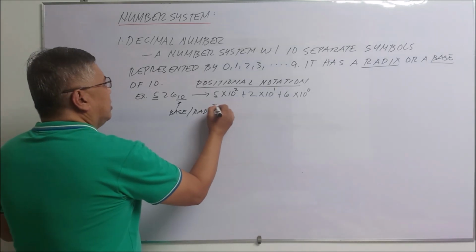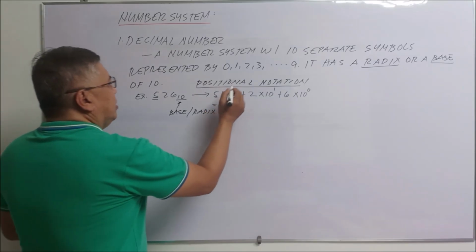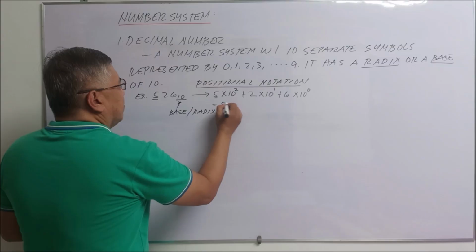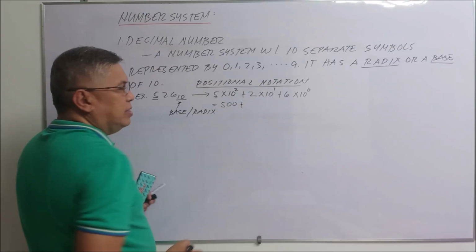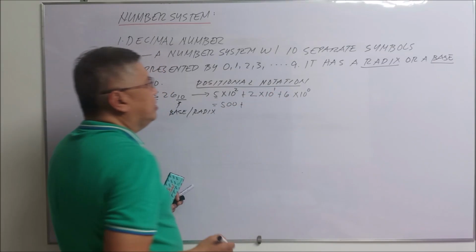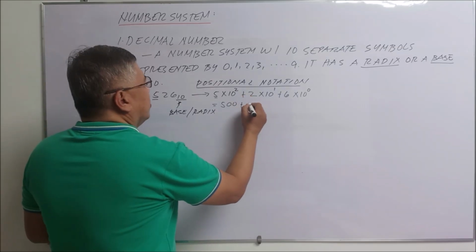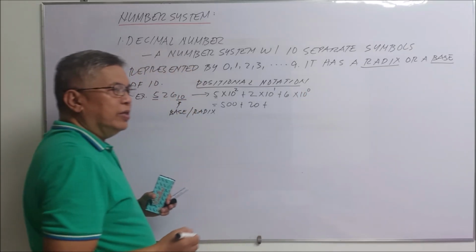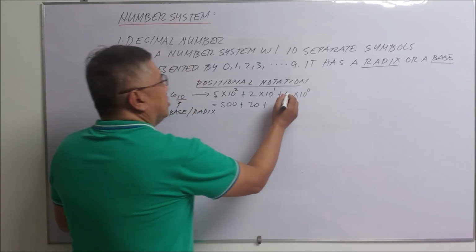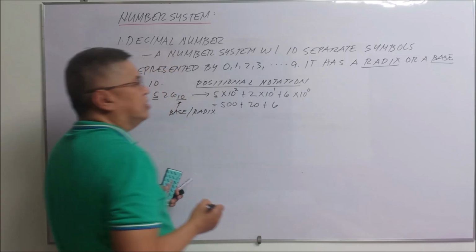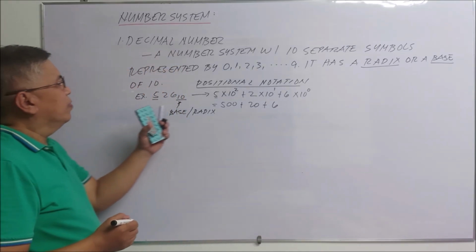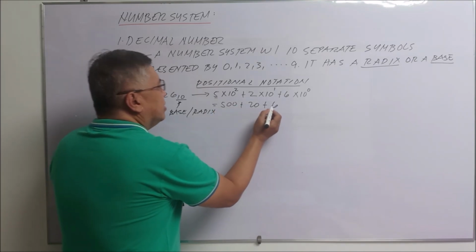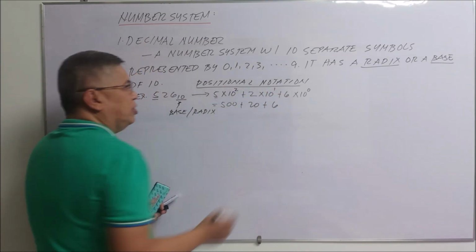And this one here is equivalent to what? 10 squared is 100 times 5 is 500, plus 10 to the 1 is 10 times 2 is 20, plus 10 to 0 is 1 times 6 is 6. That is why we read this as 526.